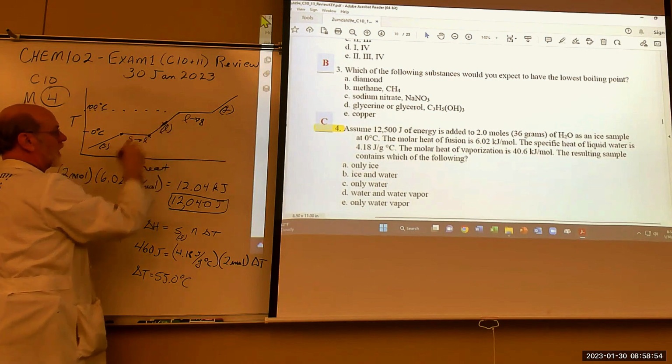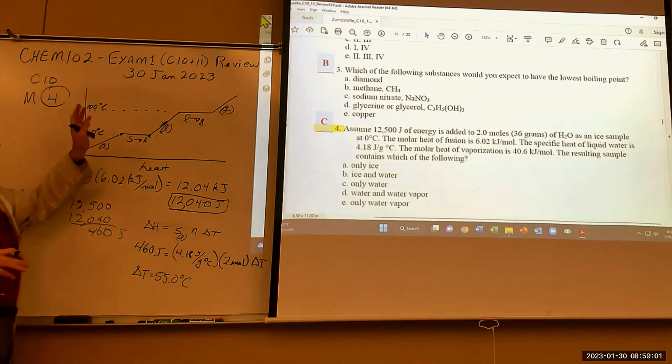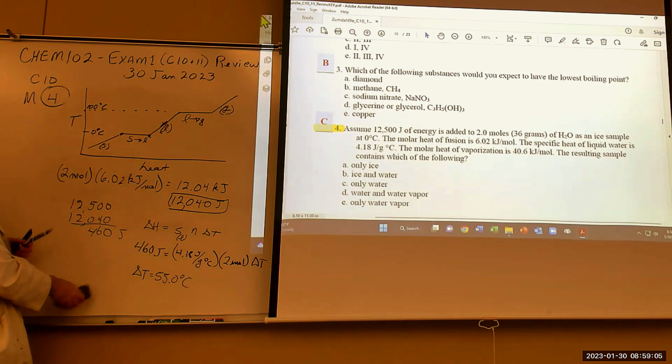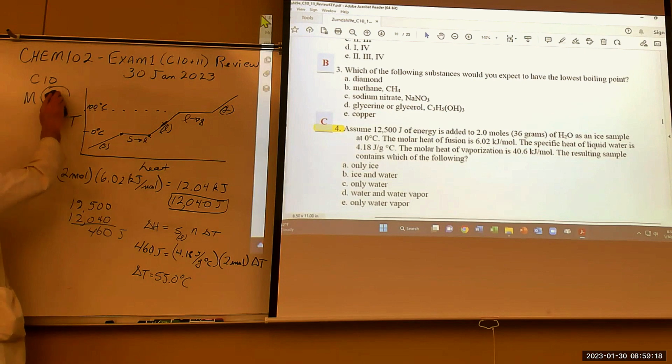So we're right in here somewhere, right? It's liquid only, right? There's no ice left. There's no gas produced. It's not boiling, in other words. Okay, so only water. It'd been better to say liquid, but it is what it is.